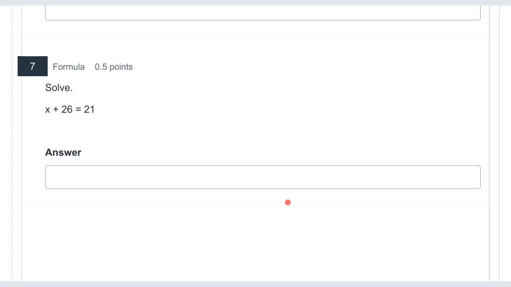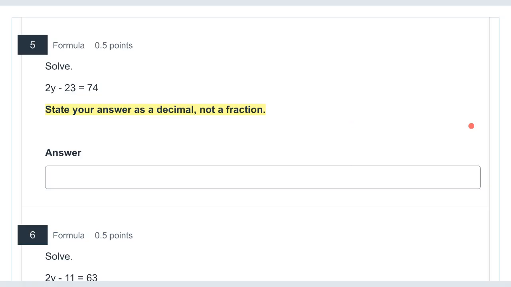The next page here, number 5, says 2y minus 23 equals 74. To get the 2y by itself, the first thing I have to do is add 23. When I add 23 on the left, clean that up a little bit, right?